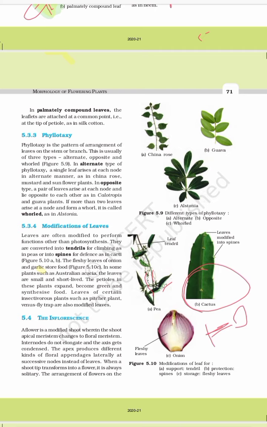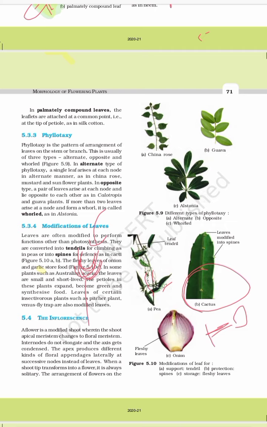Fourth one is leaf bladders. Leaf bladder means the leaf segments are modified to form a small bladder-like structure. You can see this in insectivorous plants, right? The leaf itself makes a bladder-like structure with which they trap a few insects and take the food.